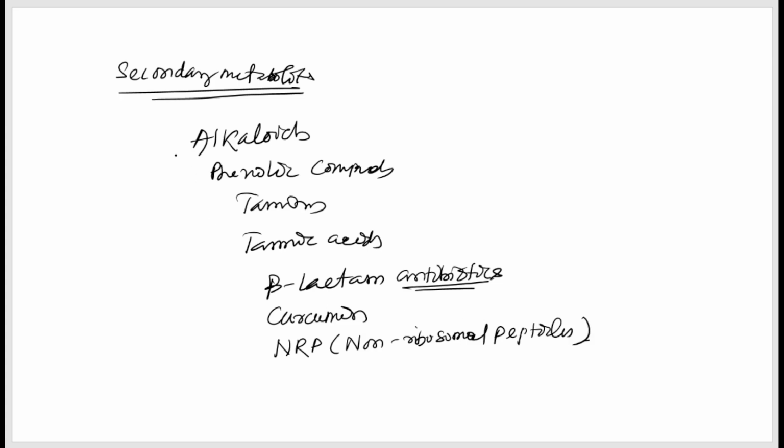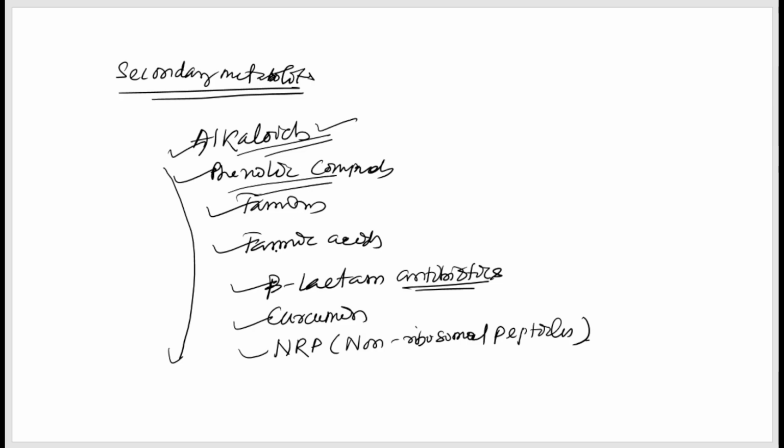Okay, so these are different examples of secondary metabolites, which are synthesized in different pathways. Like the cyclic acid pathway, you can have alkaloids and phenolics. Like the beta lactam pathway, a separate pathway found in some of the bacteria and fungus, where penicillin and cyclosporin type of antibiotics are generated.